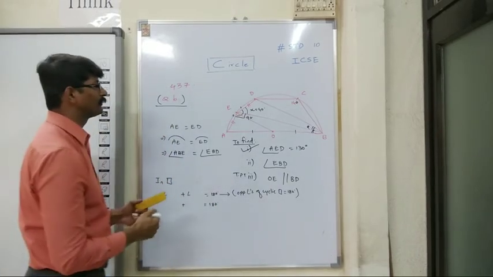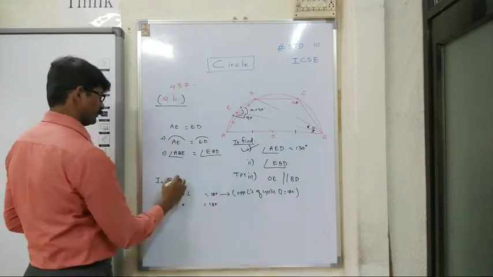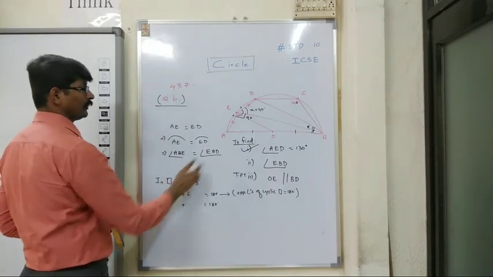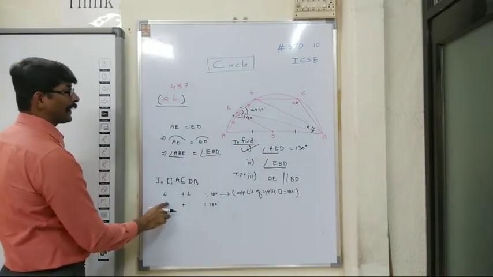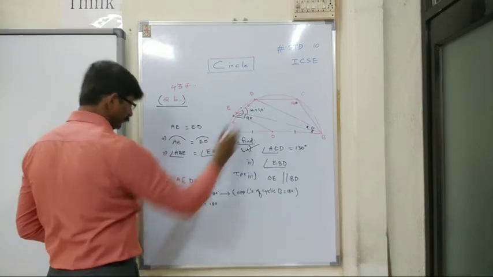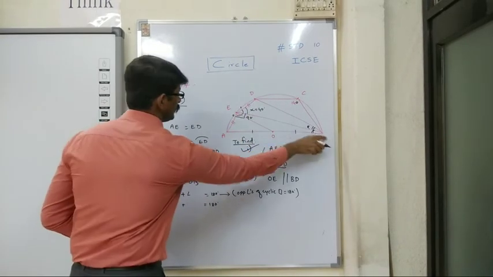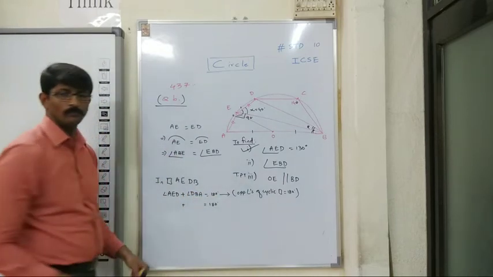See, first of all, we'll have to write: in quadrilateral AEDB, angle AED plus angle DBA is supposed to be 180 degree.